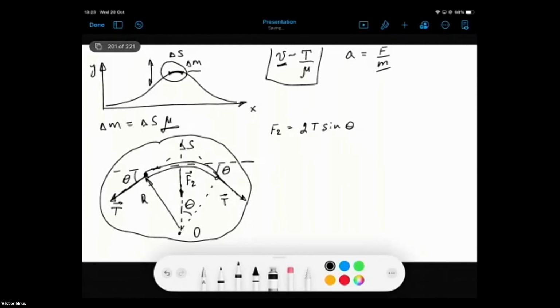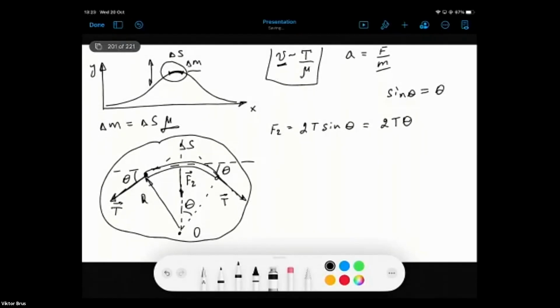Assuming that theta is small, we remember from previous discussions that it's possible to make a simplification: sine theta is close to just theta when theta is small. So in that case, we can write 2 times T times theta.